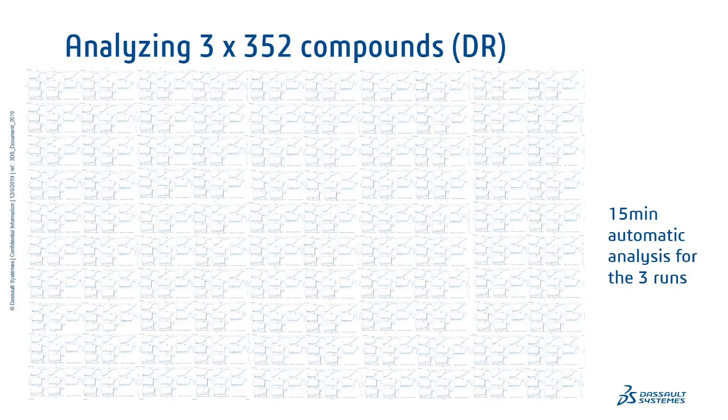So in the end, in the test that we did with this customer doing the 3 times 352 compounds dose response, we went from a, let's say, 10 hours analysis for the 3 runs to a 15 minutes automatic analysis.